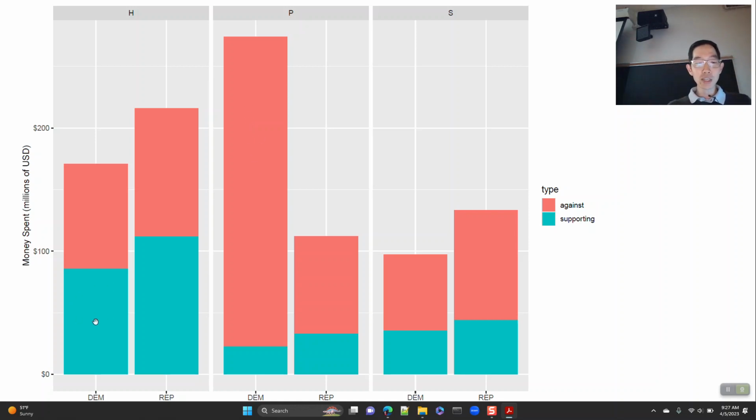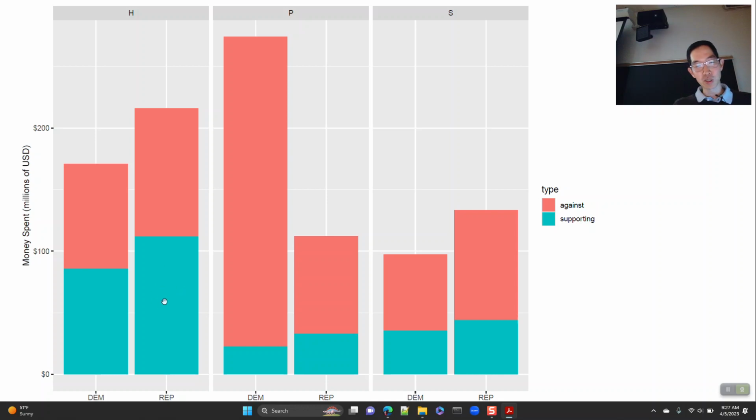If you look at the House races, the difference isn't as dramatic. So negative money against Democrats actually isn't that much higher. If you look at this bar versus this red portion of the bar, maybe there's actually a little bit more money going anti-Republican, but these are very similar in size.